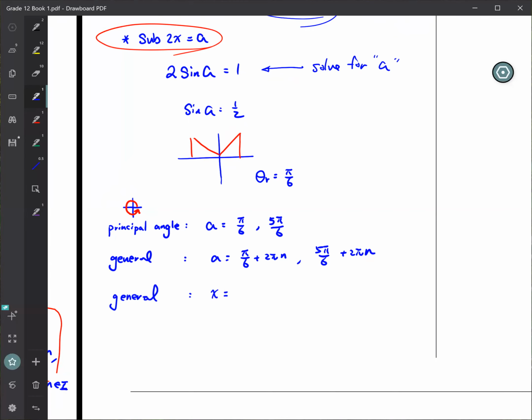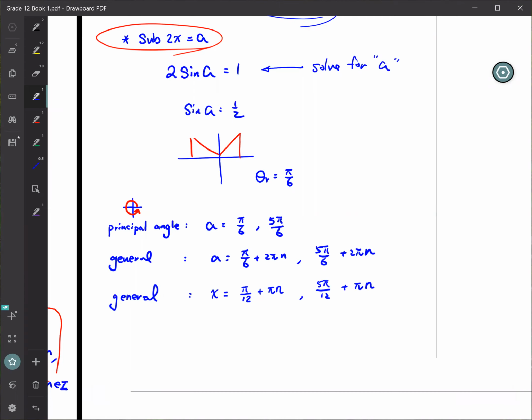So we divide what we got before. Pi over 6 divided by 2 will make it pi over 12, and 2 pi n divided by 2 will give us pi n, because a is double of the x. And then same thing here, it will be 5 pi over 12 plus pi n.